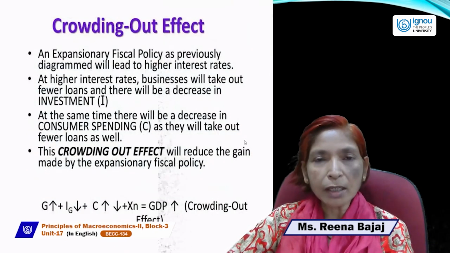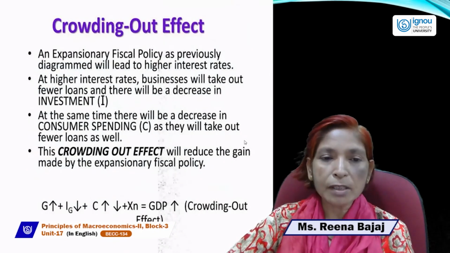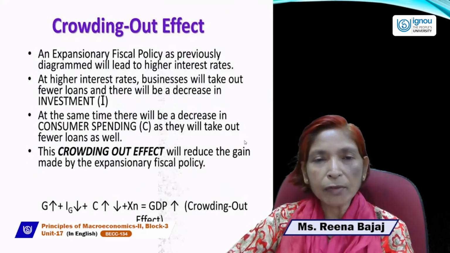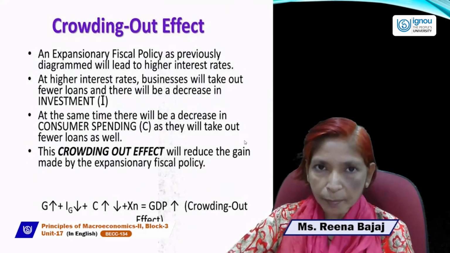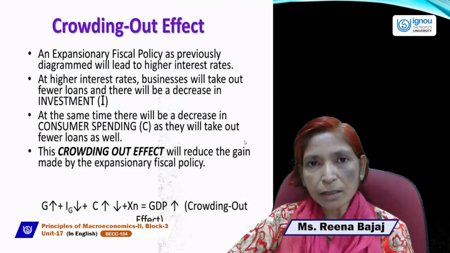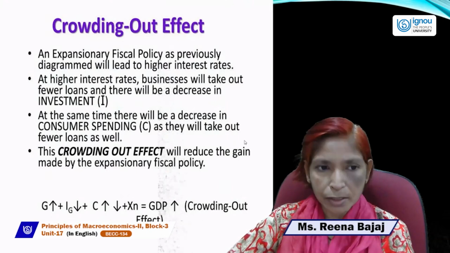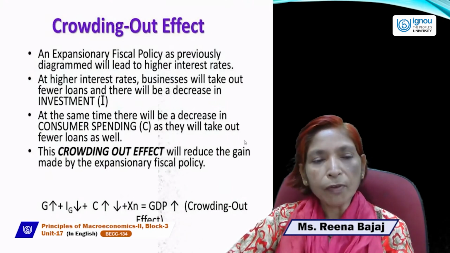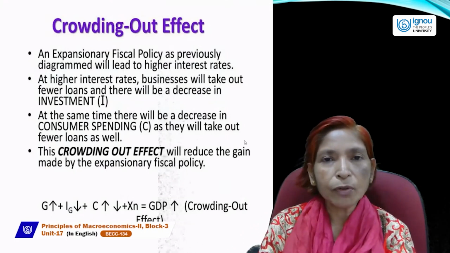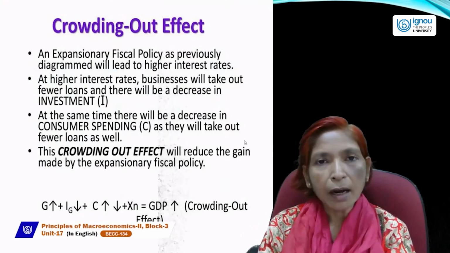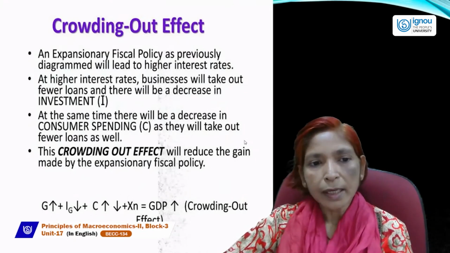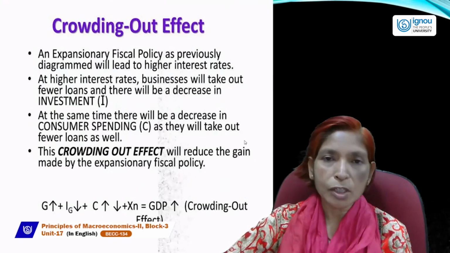Crowding out effect generally occurs due to expansionary fiscal policy. As we have discussed, when government follows expansionary fiscal policy, it can increase government expenditure and reduce the taxation rate. In this case, the IS curve will shift to the right hand side. At a higher rate of interest, businesses will take out fewer loans and there will be a decrease in investment.